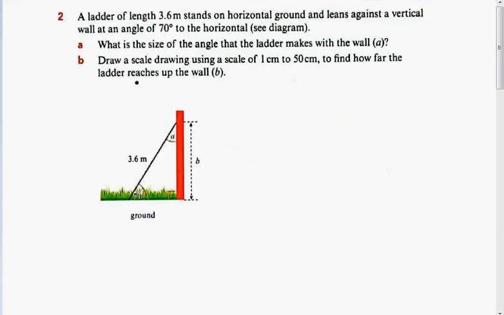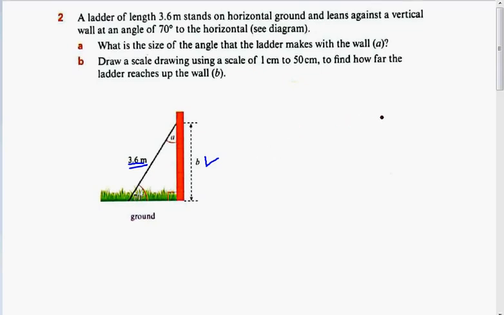The second part says, draw a scale drawing using a scale of 1 cm to 50 cm to find out how far the ladder reaches up the wall. So he's asking us this, and we are given 3.6 meters, the real length of the ladder. To get the map length, we will keep the map on the right and the real on the left. So it is 1 to 50.